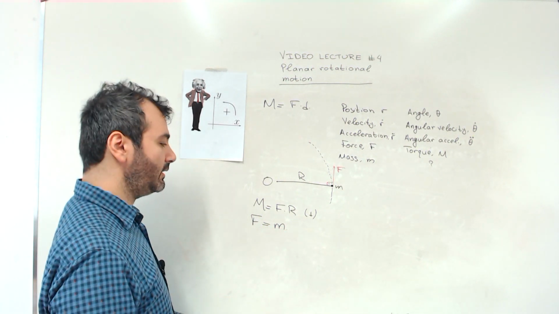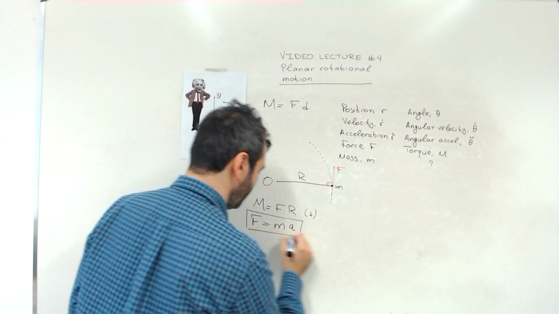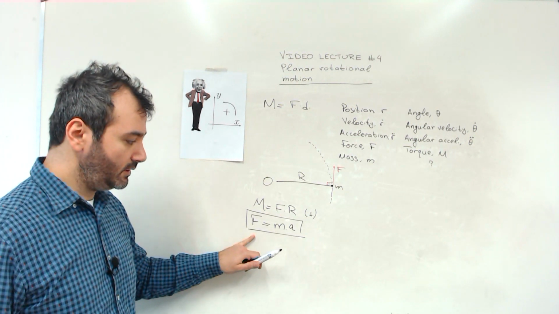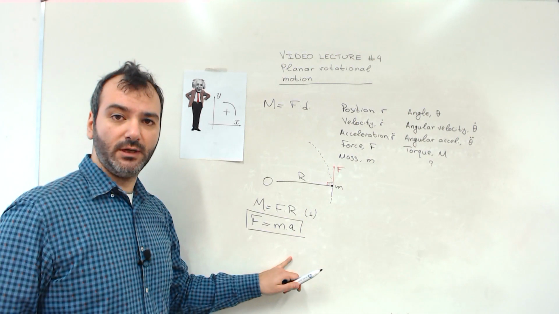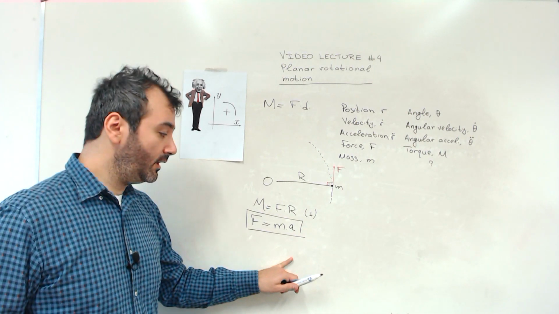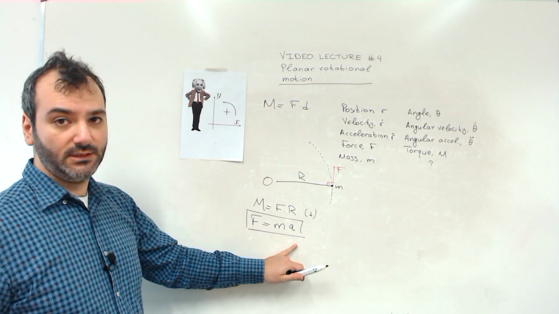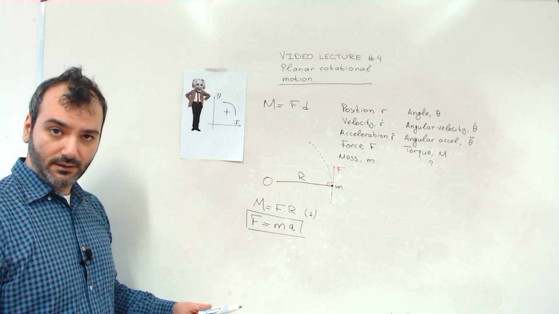Let us denote the acceleration simply by A in this case. But if you want to study rotations, the force is not enough. The force doesn't tell us the whole story about rotation. We need the torque. Let us multiply, therefore, both sides of this equation by R, because if we do so, the torque will appear.